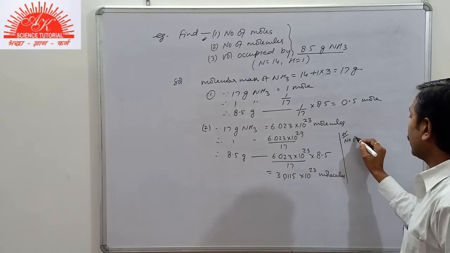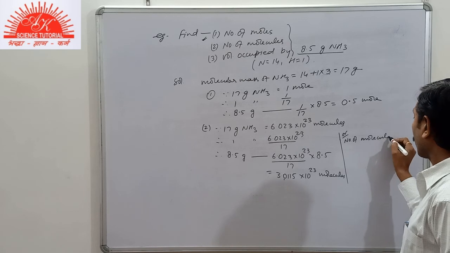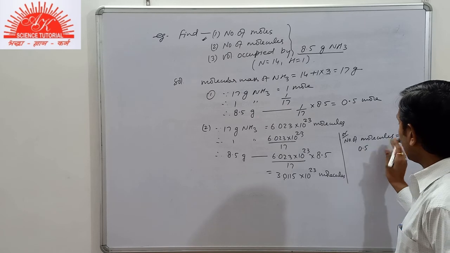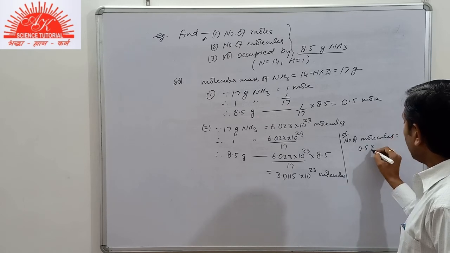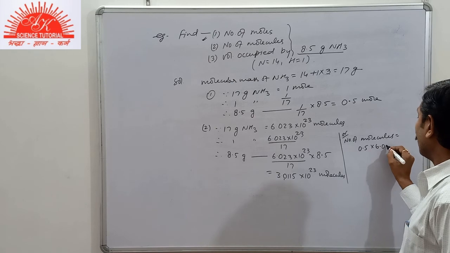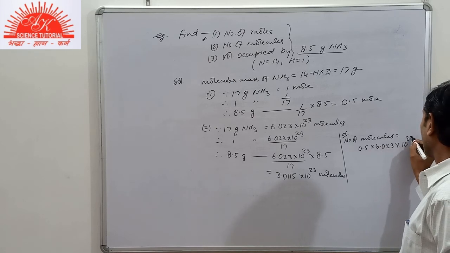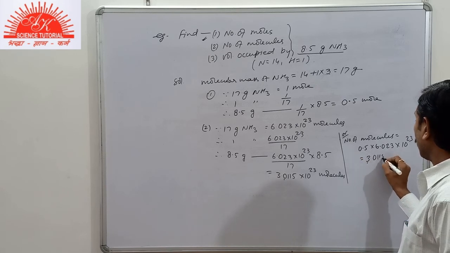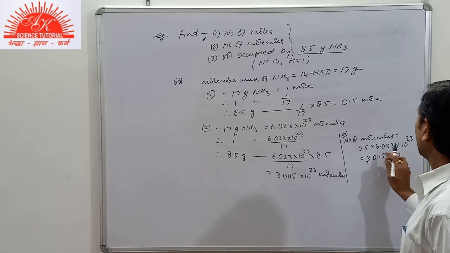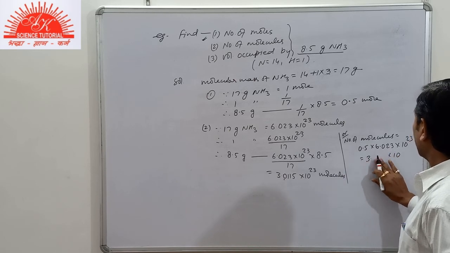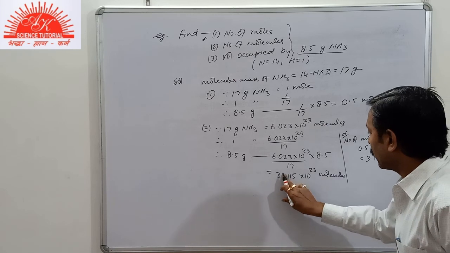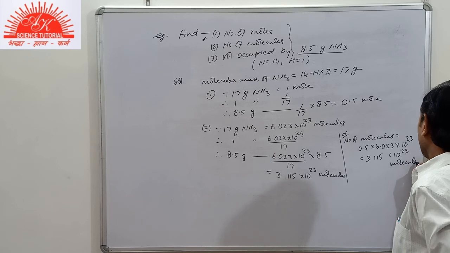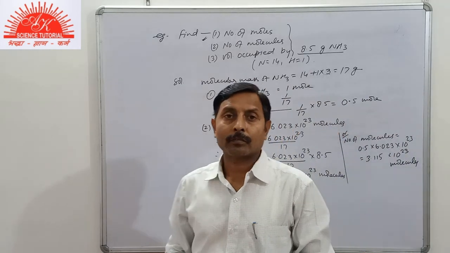So you can write number of molecules is equal to 0.5, that is the number of moles, into Avogadro's number, that is 3.0115 into 10 to the power 23 molecules. So you can write like this directly.